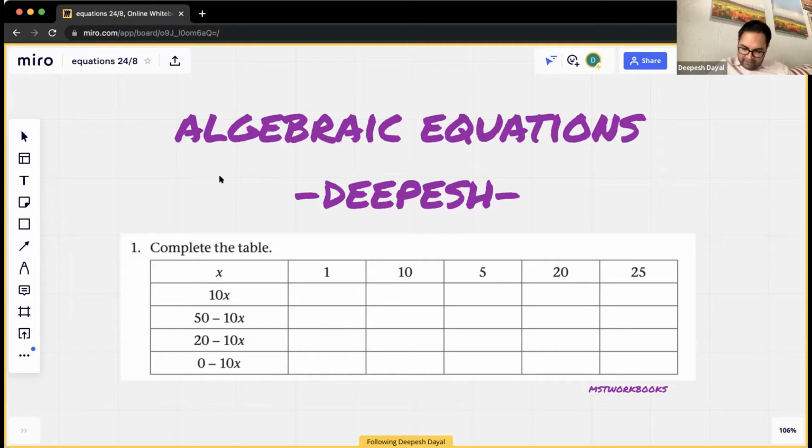If we have 10x, it will be 10 times 1, which will be 10, right? So it's 10 times 1, which is 10. And then the next one is 10 times 10, which is 100, etc. So I'd like you to complete the table, and then we can compare our answers while we wait.